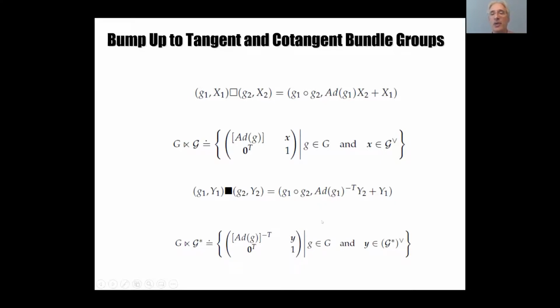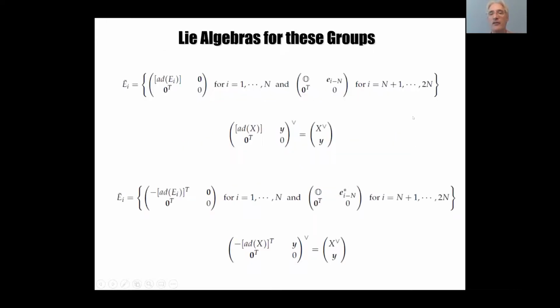And this group is unimodular, even if the original G is not unimodular. Now, it may not be surprising because it sounds like in statistical mechanics, you know, P, Q, you change coordinates, you don't change anything in phase space. But we didn't see an explicit statement anywhere of the unimodularity of the cotangent bundle group formulated as a semi-direct product.